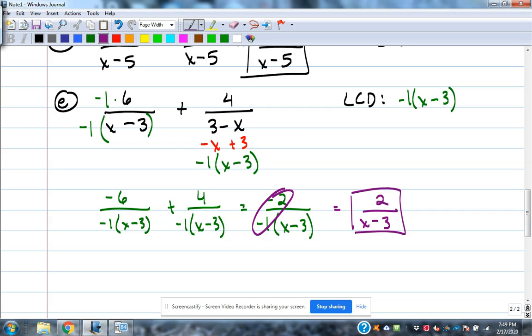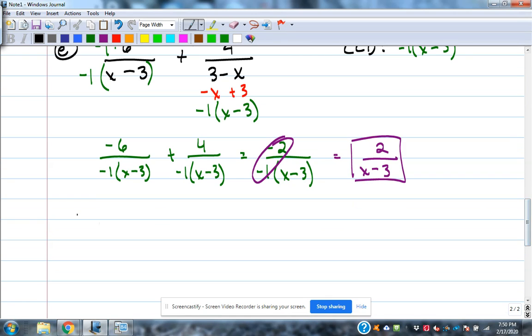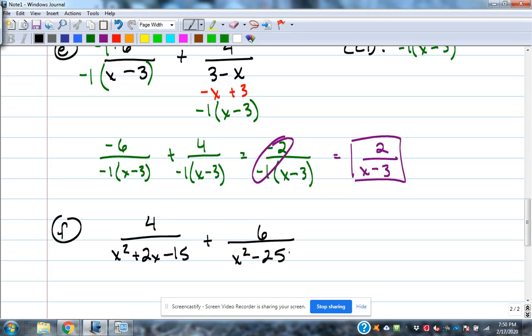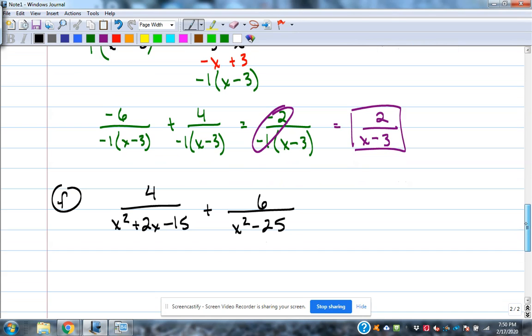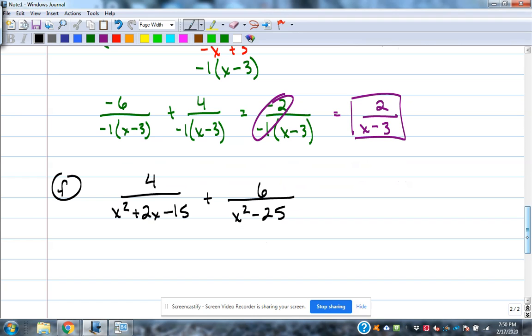Okay. Let's look at example F. Let's say we had 4 over x squared plus 2x minus 15 plus 6 over x squared minus 25. Denominators is where you start.